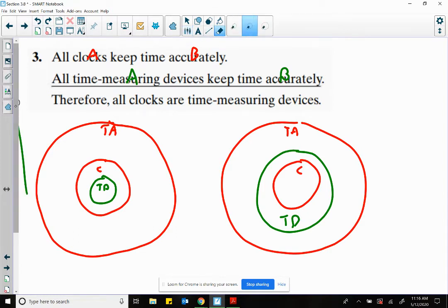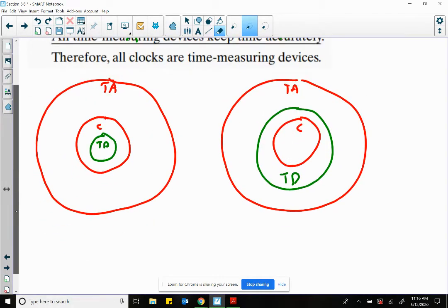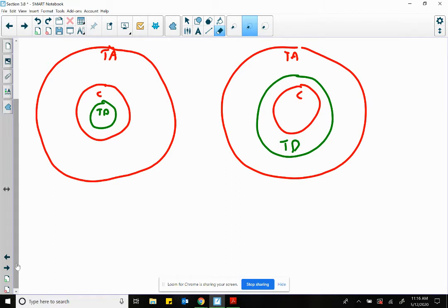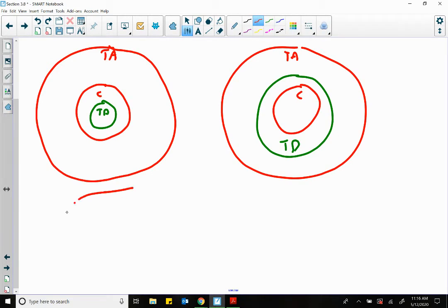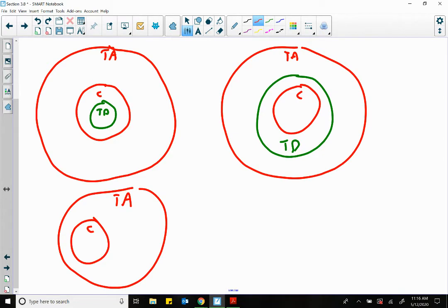All right. But there are still other circles we could draw. Hopefully you considered that. So I've got to hide this one because I have a feeling I'm going to need more room. So my circles kind of got smaller. Time accurately. Clocks. It could look like this.